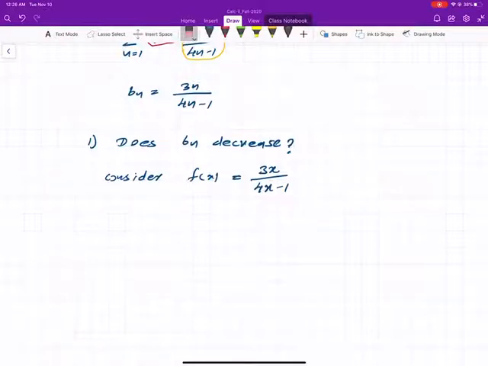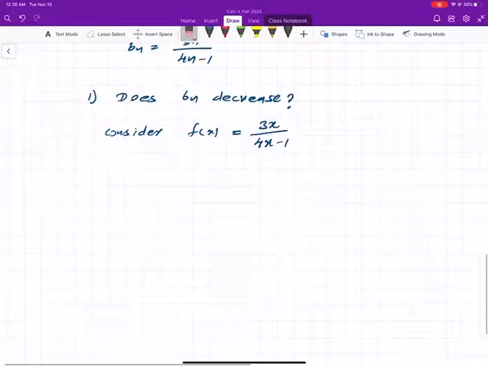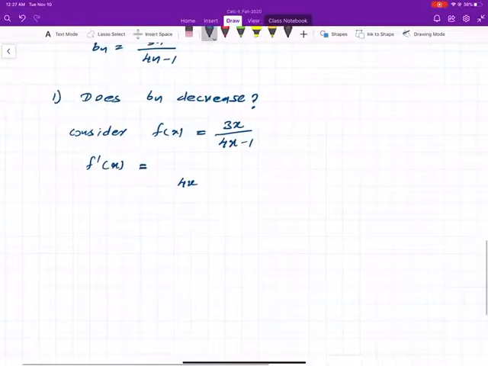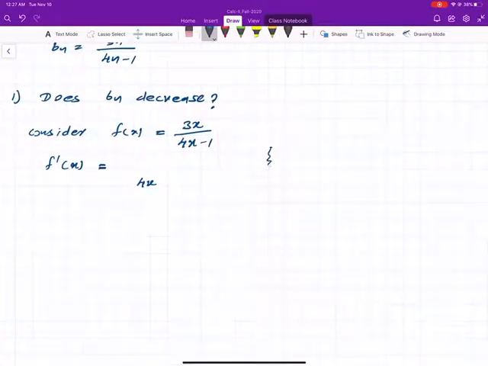All right, and then you just get the derivative of f of x, f prime x. You compute the derivative because you're going to determine whether it is decreasing or not. First compute the derivative and then check whether the derivative is negative. If the derivative is negative, then the function decreases. So you just compute f prime x. For that, the derivative rule here is the quotient rule for derivatives. As you remember, let me write that here.